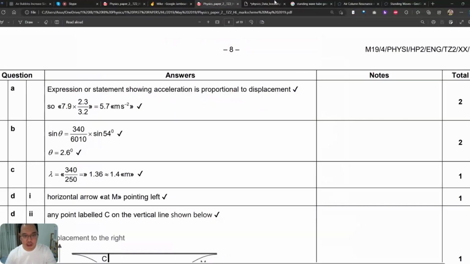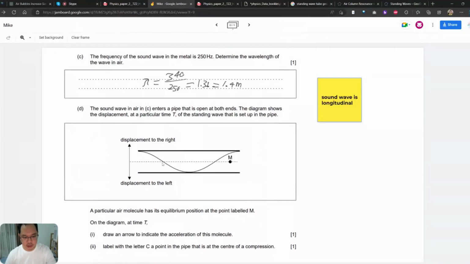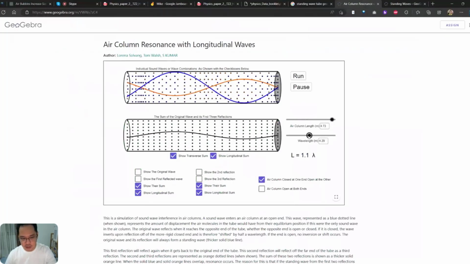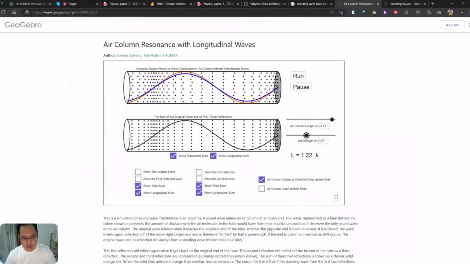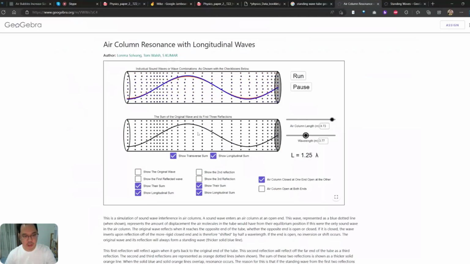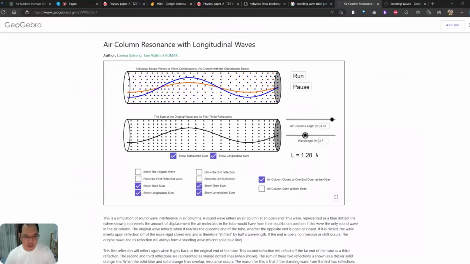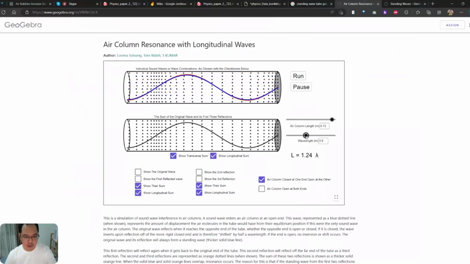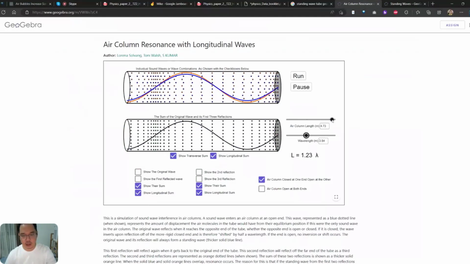In this problem, it is the 1, 2, 3 third harmonic. I need to change the wavelength here also. Okay, this is the third harmonic. Beautiful.